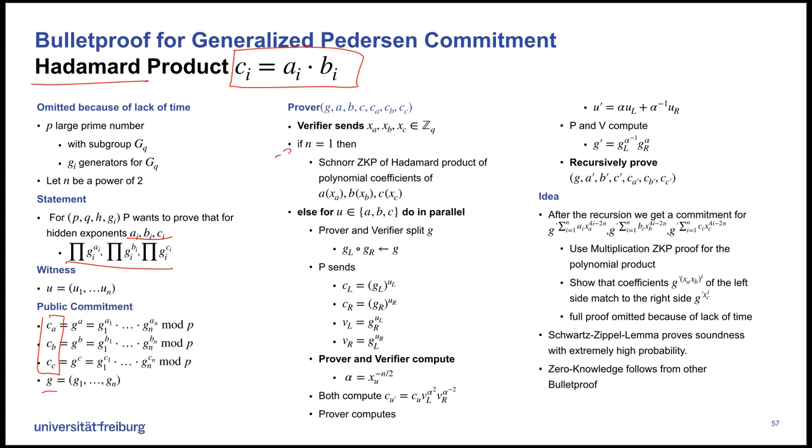So what we do is we just do it for all of the A, B, C in parallel. We compute the following, that we split the generators. We have the same structure as for the proof, where we know the coefficients of the Bulletproof here. That's the same thing. But now we do something different, and this is happening here. At the beginning, the verifier sends me three variables, xa, xb, and xc.